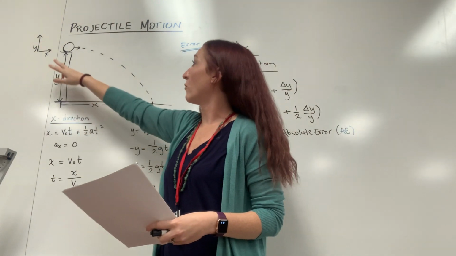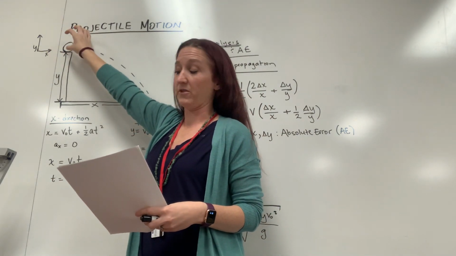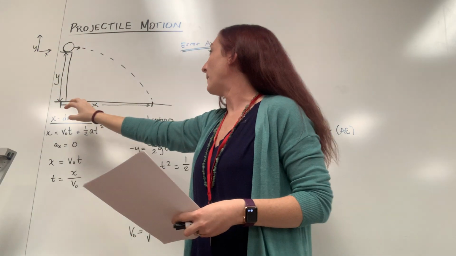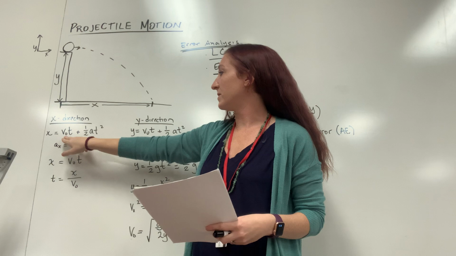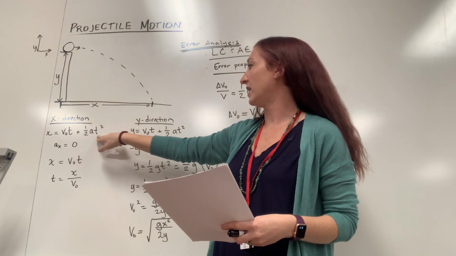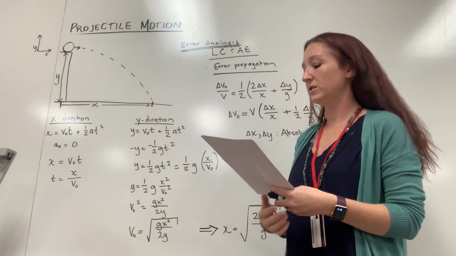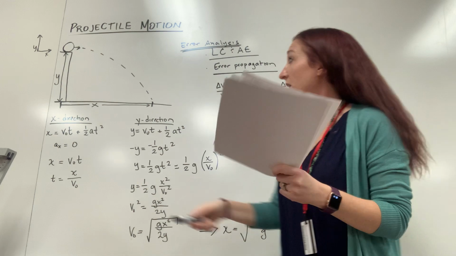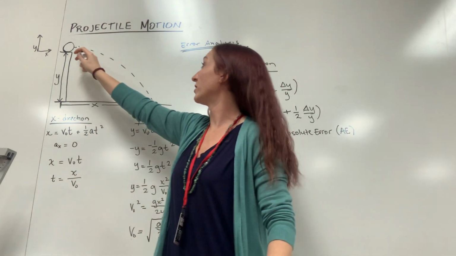So we have our Y and our X axes that would be at the place of the starting firing of this ball. We know in our X direction, then, the ball is going to be subject to V naught times T plus 1/2 acceleration times time squared. Our Y direction, same equations. However, in our X direction, we know there will be no acceleration once the ball is shot.